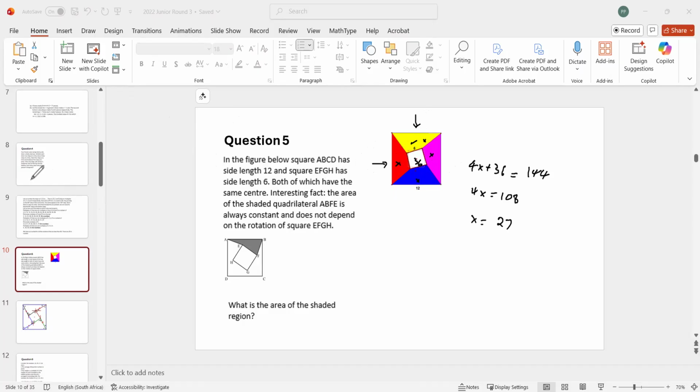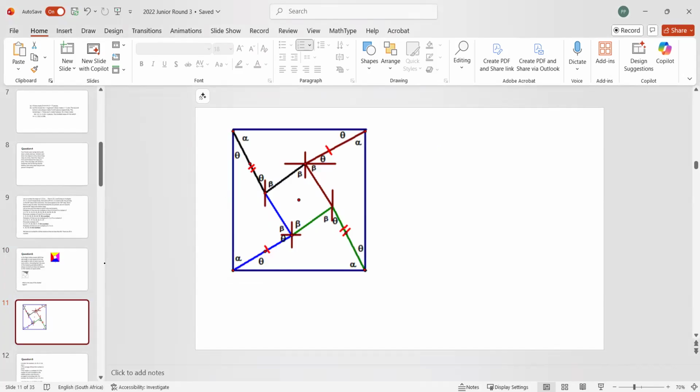But I wanted to actually give a rigorous proof for that, and I've done it in this. Okay, and those of you who are interested to know the proof of this, you can have a look at this.